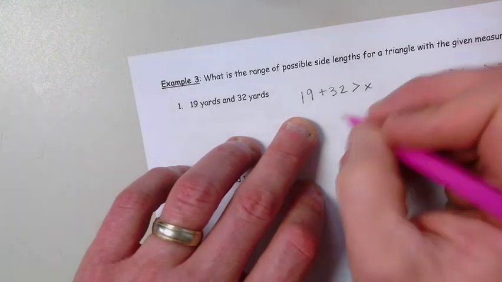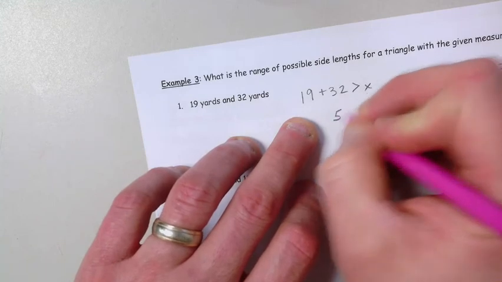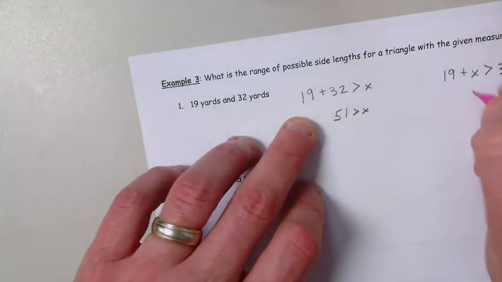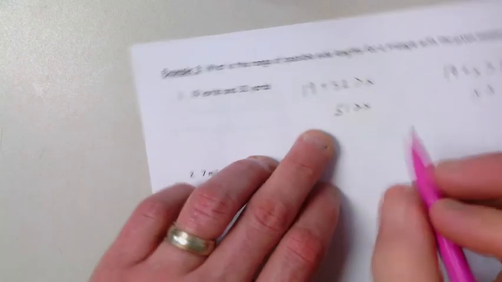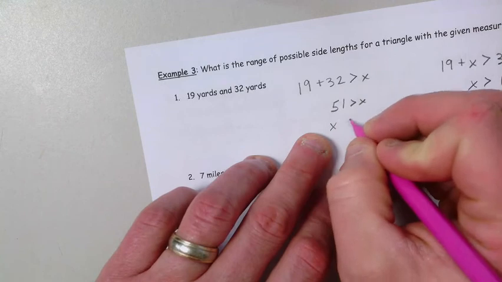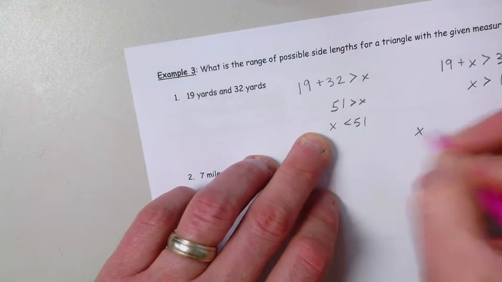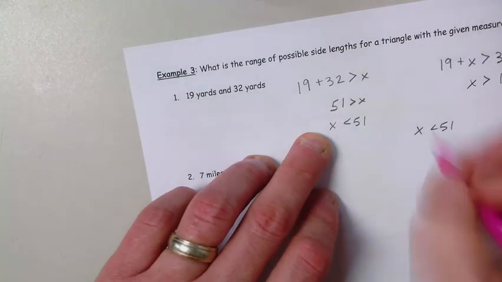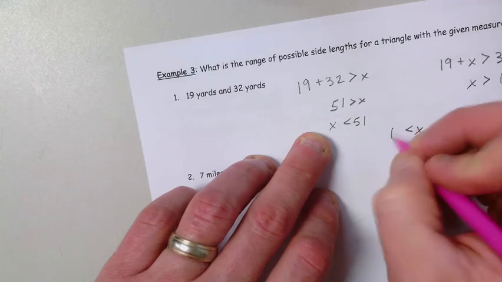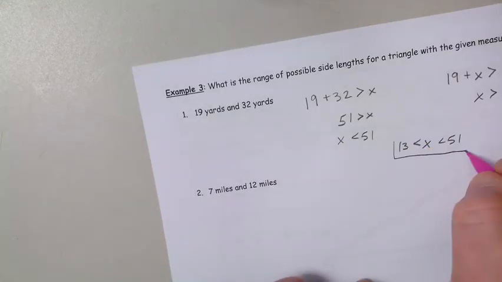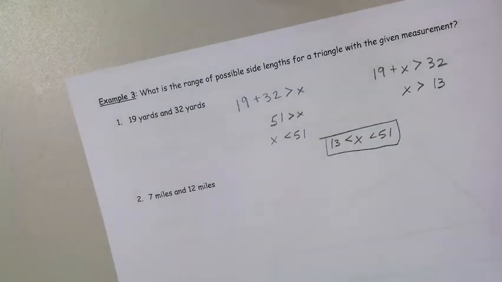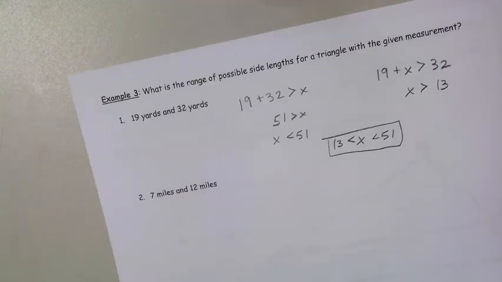If I solve for x in both situations, 51, and subtracting 19 would be 13. So x has to be less than 51 and greater than 13. That's the range of possible third side lengths. So could the third side length be 25? Yeah. Could it be 10? No. It's outside that range. Could it be 62? No. Again, it's outside that range.